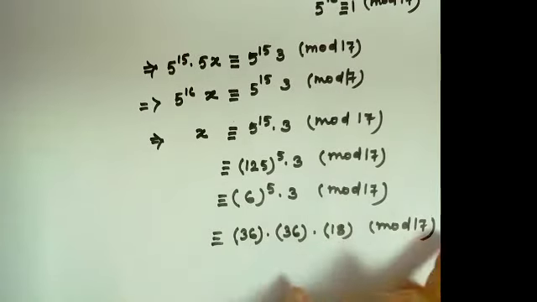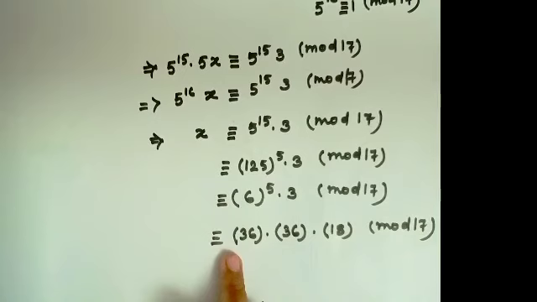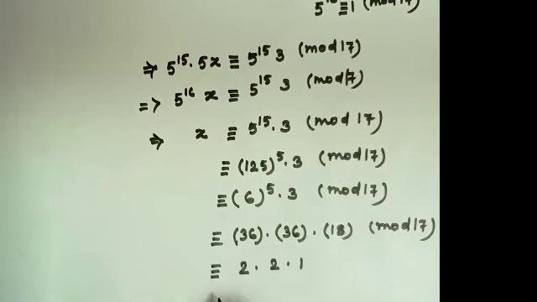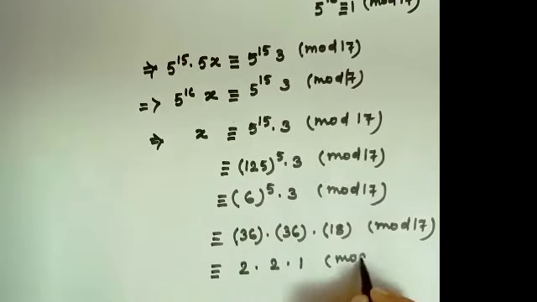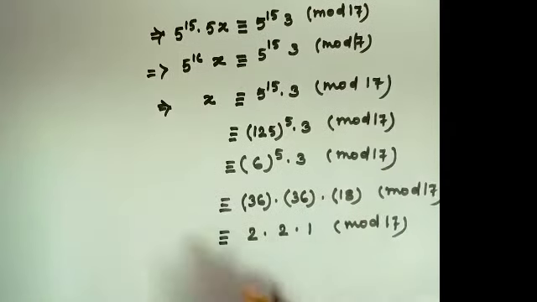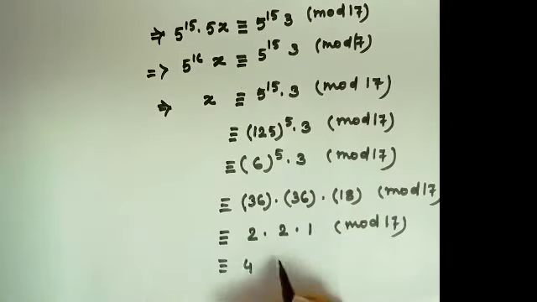And in modulo 17, 36 is congruent to 2. That means it will be 2 times 2 times 1, since 18 is congruent to 1, with modulo 17. That means this will be congruent to 4 modulo 17.